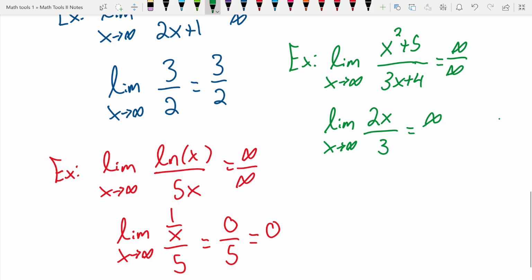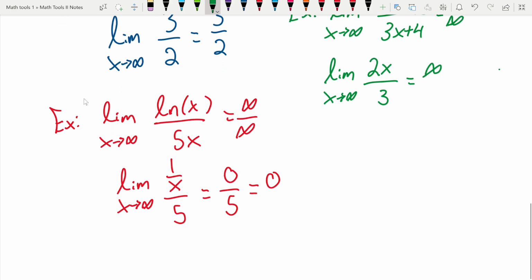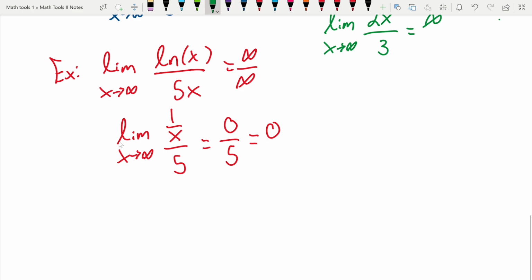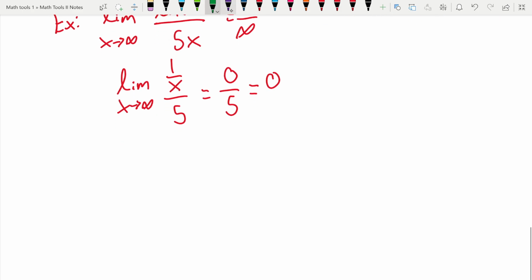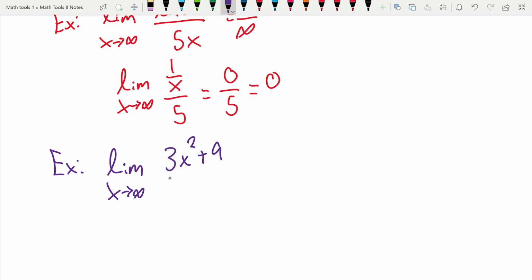Okay. So some other notes here. This does work with one-sided limits, and you can do this more than once. Okay. So if you get an indeterminate form a second time, when you take the derivatives, you can then do it again. Okay. So some easy examples of that would be if we do something like the limit as x goes to infinity of 3x squared plus 9 over 5x squared minus 4.